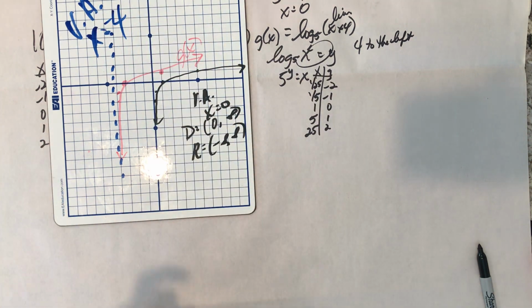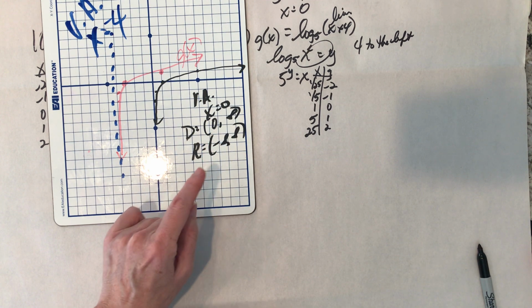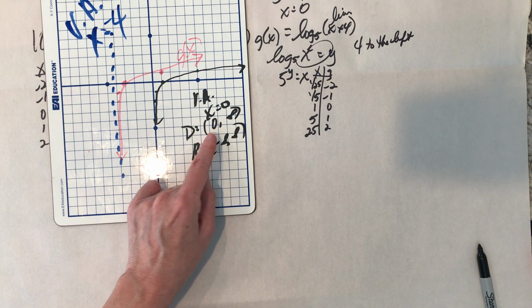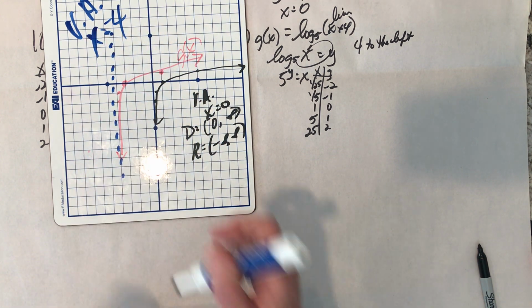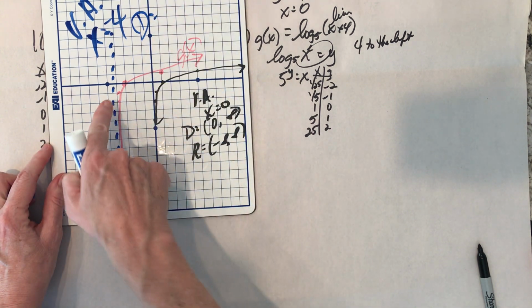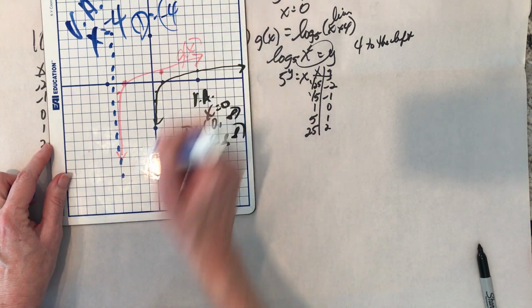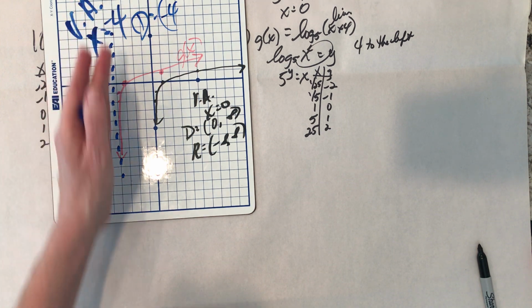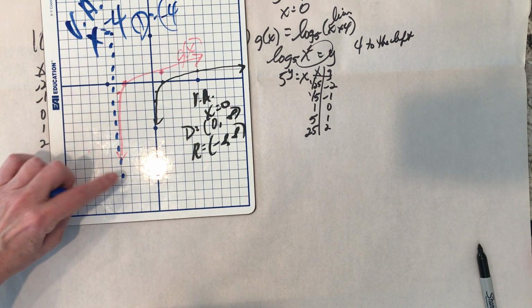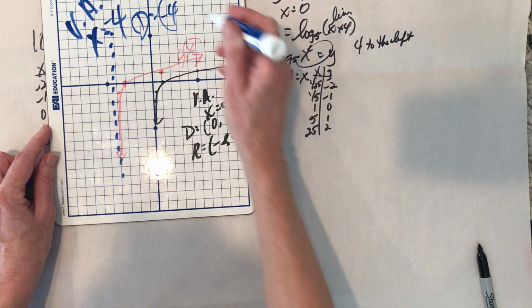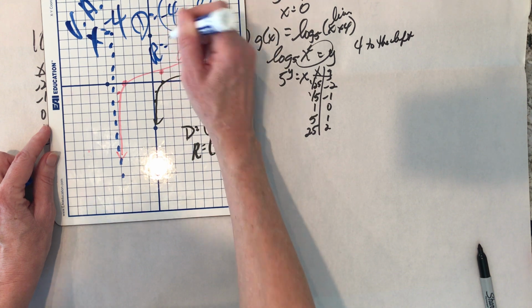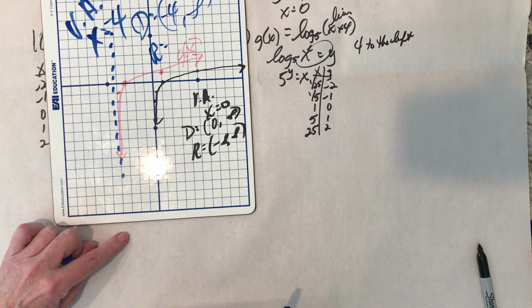So it's at x equals negative 4. The domain will be the same. No, it will not, because the domain doesn't start at 0. We back it up. The domain here starts at negative 4, and of course that's going to be a parenthesis because it doesn't touch this. It goes down and hugs, hugs, hugs, but never gets there. The red line continues on to infinity. The range goes all the way down to negative infinity.